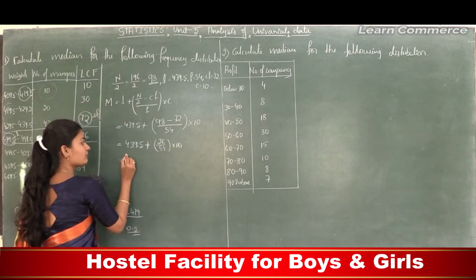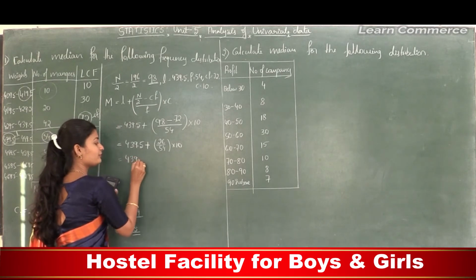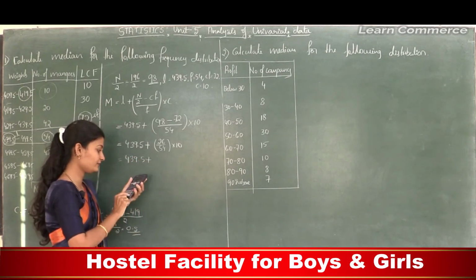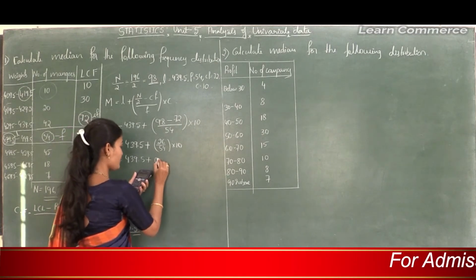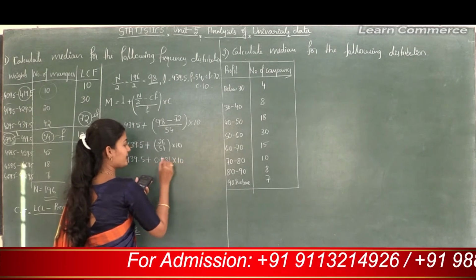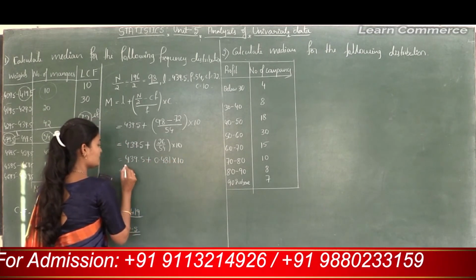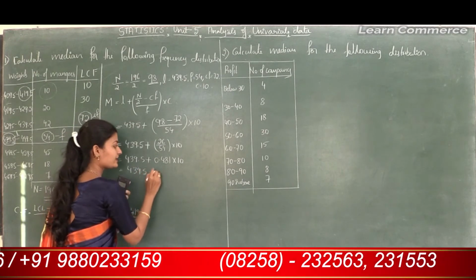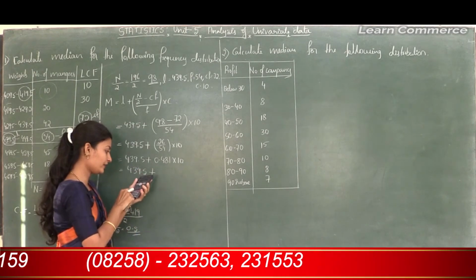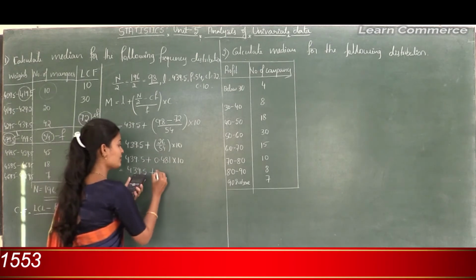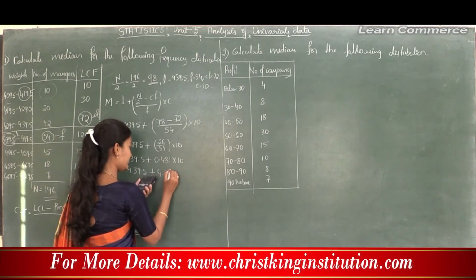So this is equal to 439.5 plus 26 divided by 54, that is 0.481, into 10. So this is equal to 439.5 plus 0.481 into 10, that is 4.81.